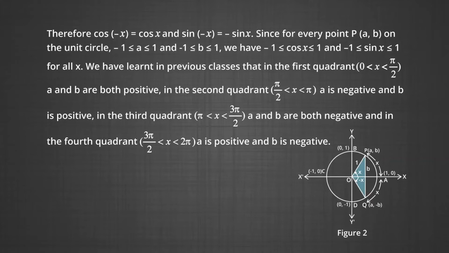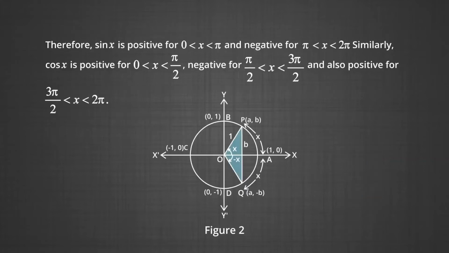And in the fourth quadrant, which is 3 pi by 2 to 2 pi, A is positive and B is negative. Therefore, sin x is positive for all values of x lying between 0 and pi, and is negative for all values of x lying between pi to 2 pi.